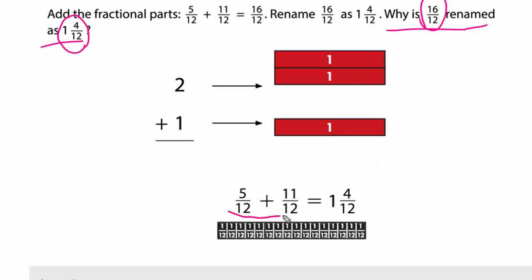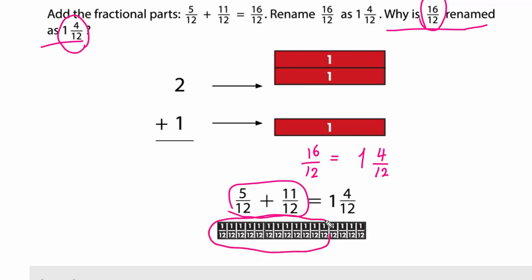Because here we have 5/12 plus 11/12. This is 16/12. We will rename it as 1 and 4/12. We will do this because we have here 12 twelfths, so that is one whole, and there are 4 twelfths more.